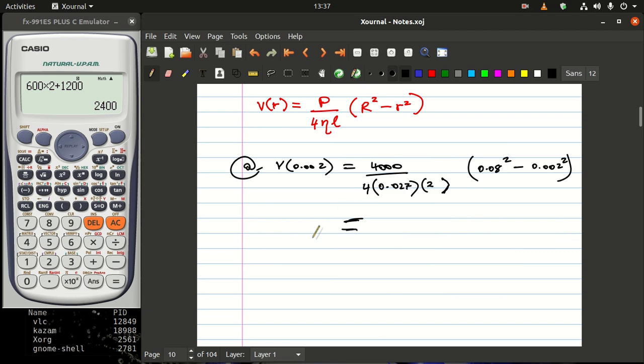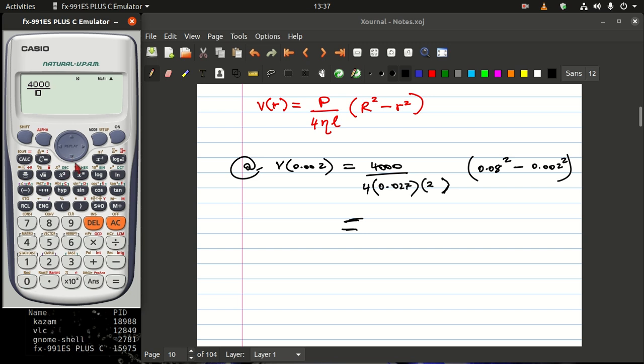So here we have 4,000, and you divide that by 4, multiply by 0.027, multiply by 2, and then at the end you have 0.08, square it, subtract 0.002 squared, and then you have your final answer.